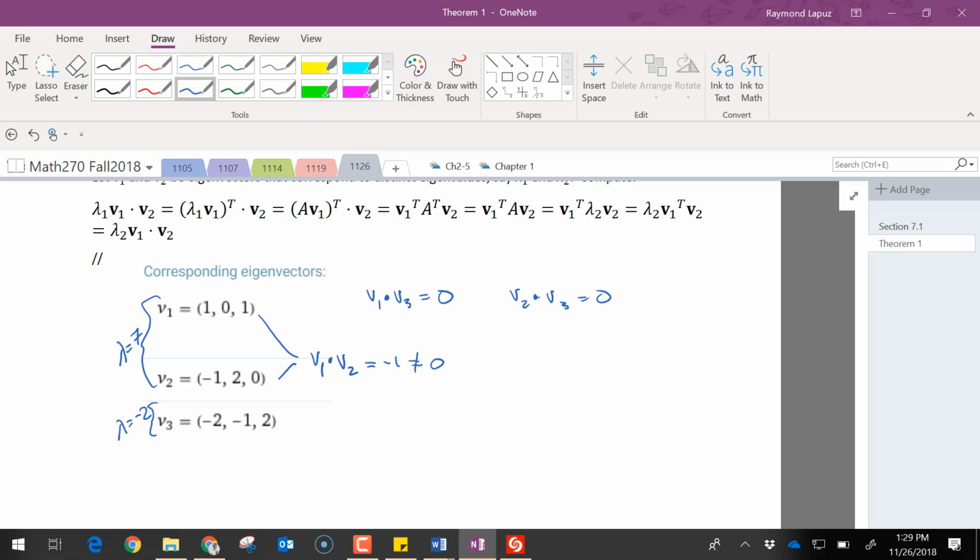Of course, you can make them orthogonal by doing the orthogonalization process. But according to the theorem, if you have two distinct eigenvalues, then the eigenvectors that come from those eigenvalues are going to be orthogonal.